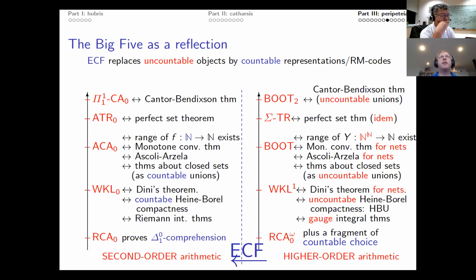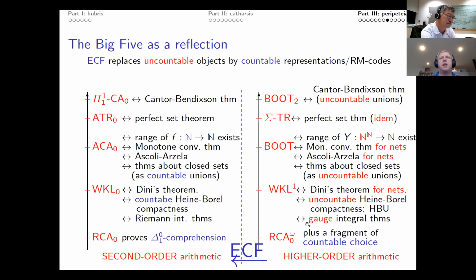And if we then apply the ECF translation, so ECF is a syntactic translation, it replaces uncountable objects by reverse math codes. I mentioned reverse math codes, so actually this is where they come from. Before reverse math, Kleene already introduced what he called associates or representations, and these are reverse math codes.